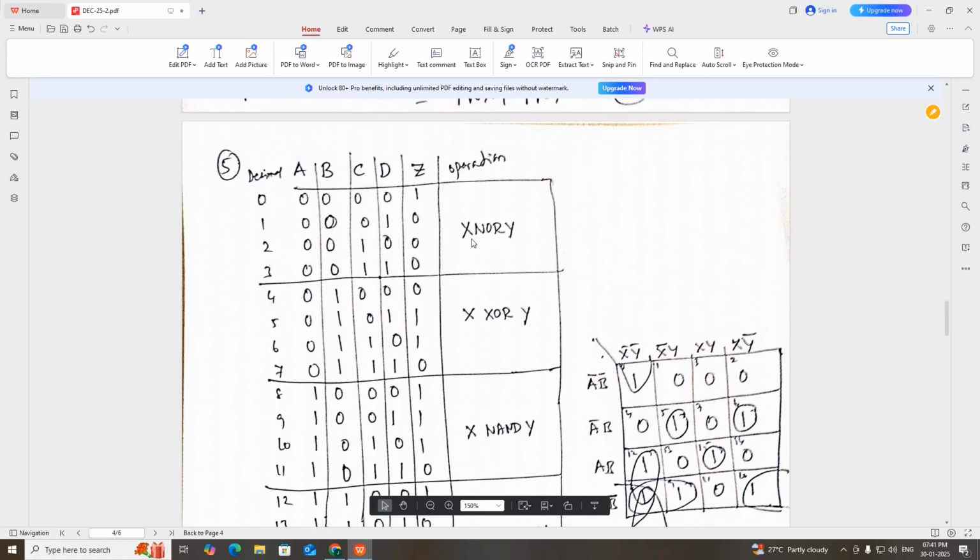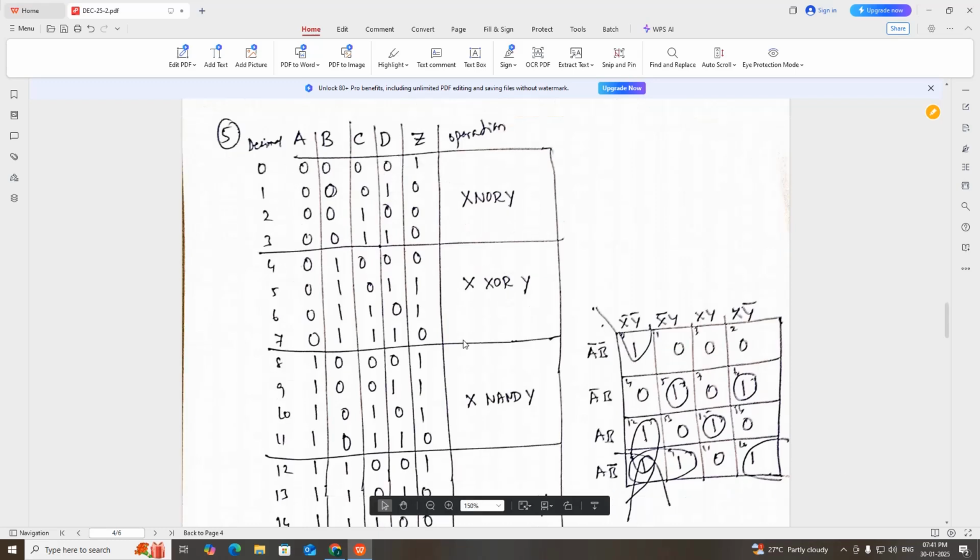So what we'll try to find is the Z value, accordingly you find out the Z value. For NOR operation, we know the NOR operation of this entire thing, X NOR Y. You substitute for Z, XNOR operation, XOR operation.